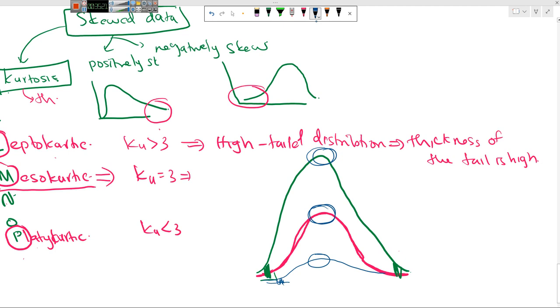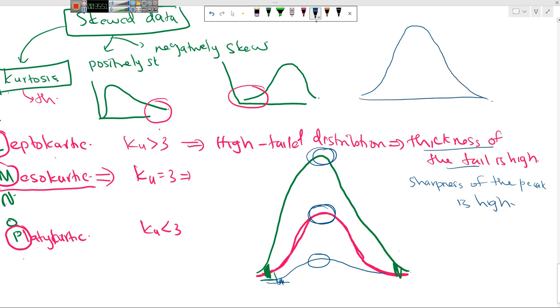So either the thickness of the tail is high, or the sharpness of the peak is high. Now we can tell two characteristics for a leptokurtic distribution. Let's say the distribution is something like a mountain. The bottom area is called the tail, and this is the peak.